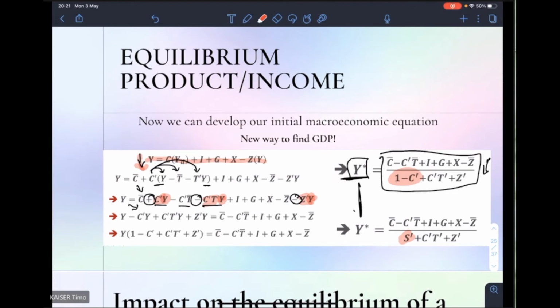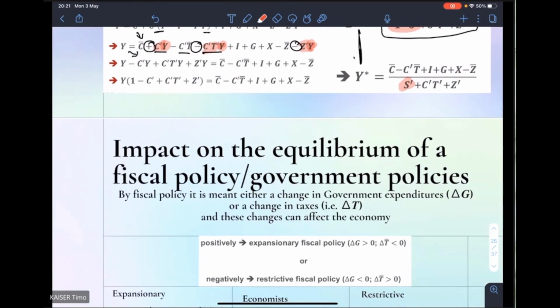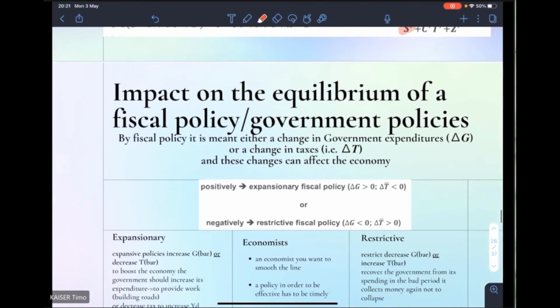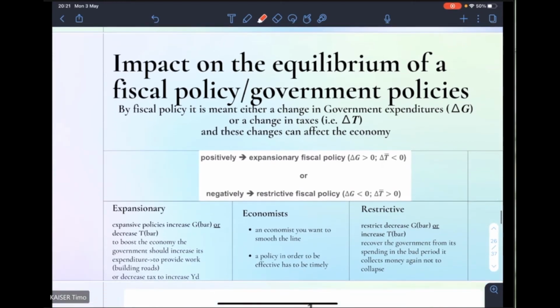But now, what's the whole thing about this? Well, with the equilibrium, we can find the impact of fiscal policies or governmental policies on the equilibrium. Fiscal policies are actually just changes in government expenditures or changes in taxes.